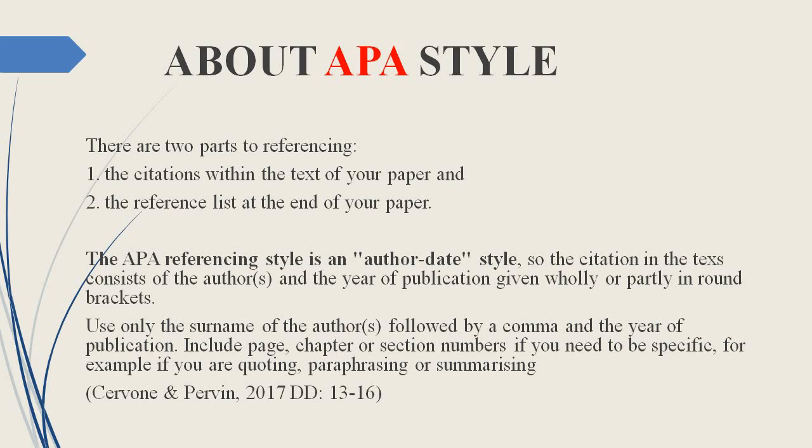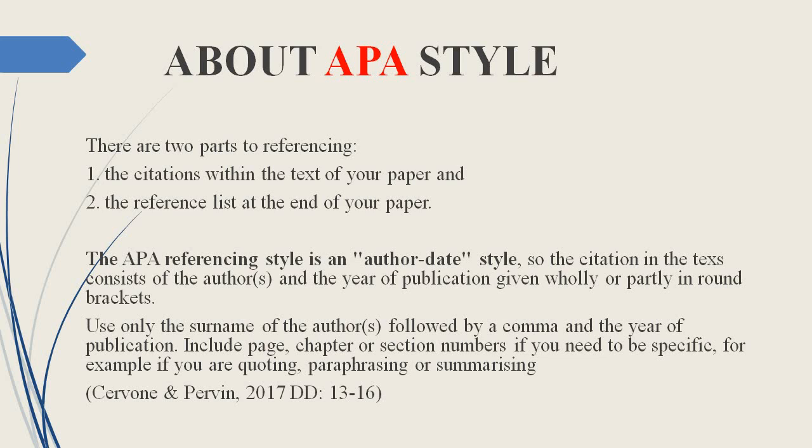There are two parts of referencing, as you can see here. This is a basic style, and in APA style the reference style is an author-date style. Remember this terminology: when we talk about APA, it is always about author and date.